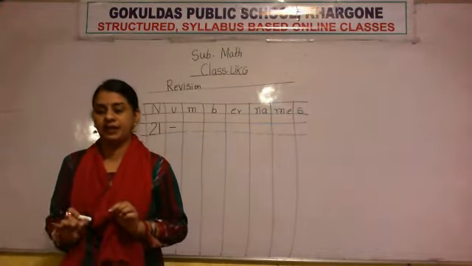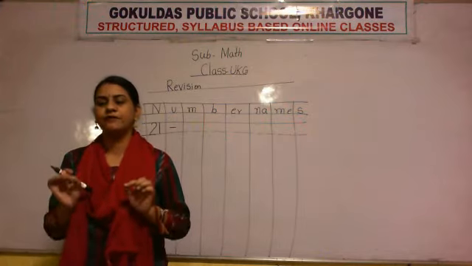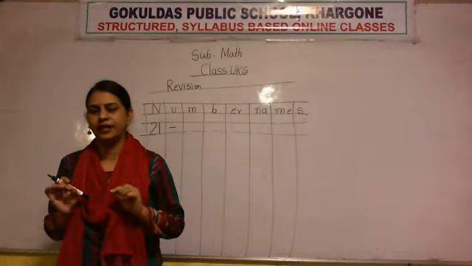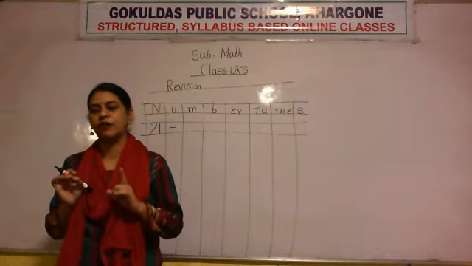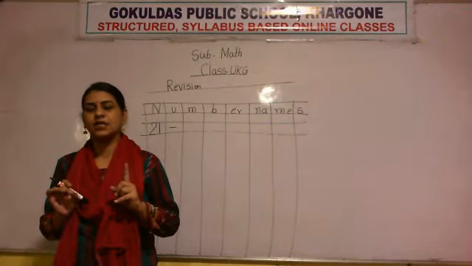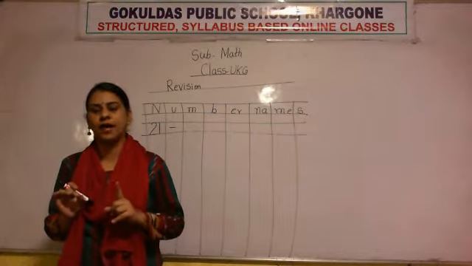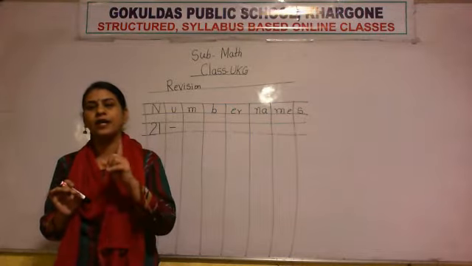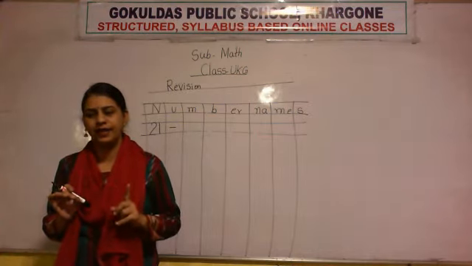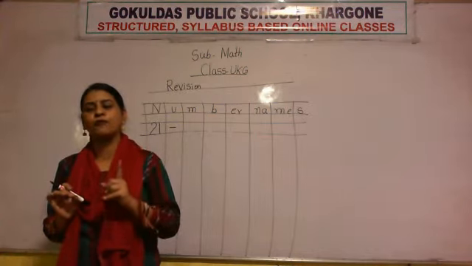And with teen, like 13 14 15 16 17 18 19, at last we will join TEEN. So here what we are saying, 21, that means 20 plus 1. So that's why we will write here the spelling of 20, then we will write the spelling of 1.